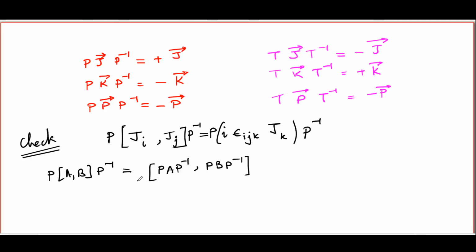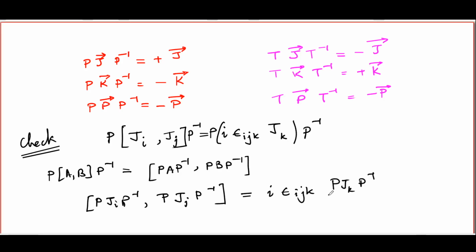So our relationship with the parity operator and the angular momentum components simply becomes P Ji P inverse commutator with P Jj P inverse. Now this should be equal to, on the right hand side, the following: i epsilon ijk P Jk P inverse.